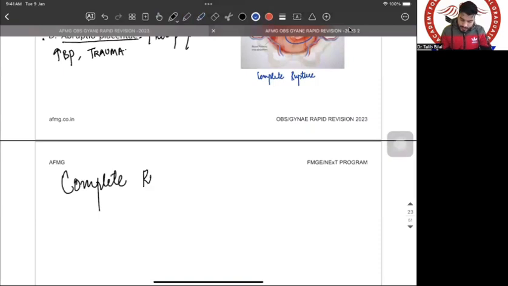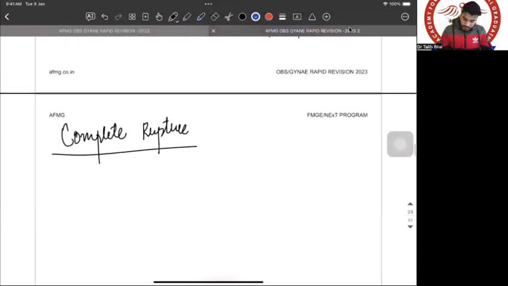You already know, in a complete rupture, guys, all the layers, including the peritoneum, are torn.